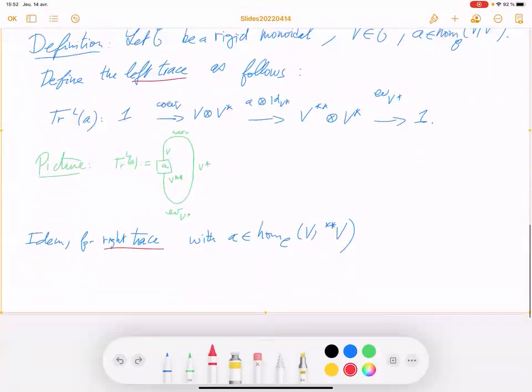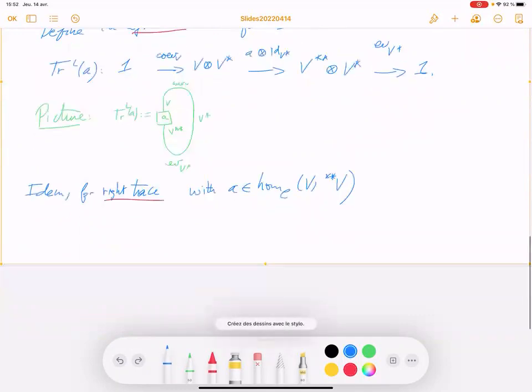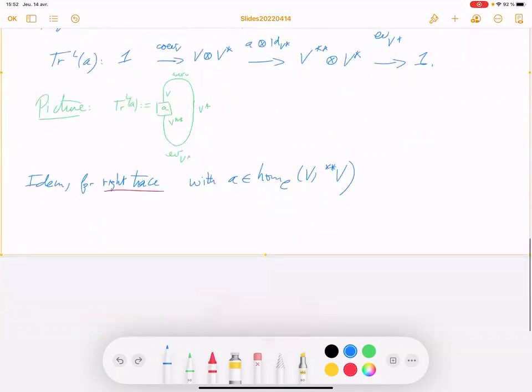Okay. And you define the same. So now I will put the details, so I will write also for the right case. So trace, in this case, is still a morphism from 1 to 1.